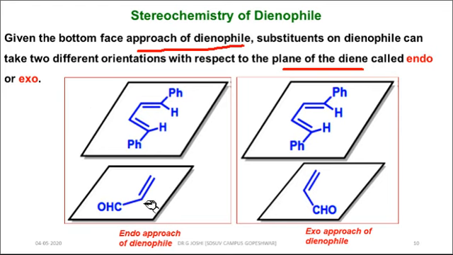When the substituent of dienophile will be towards the butadiene, in below the butadiene ring, then it is considered as endo. Whereas when the substituent on dienophile approaches outside the butadiene or away from the butadiene, then it is known as exo approach.